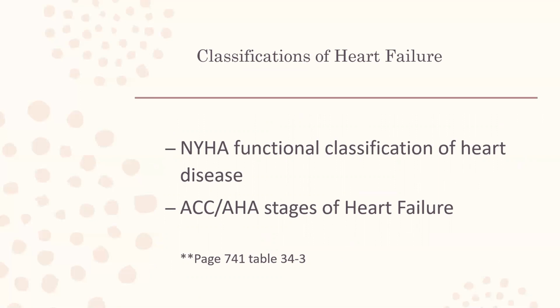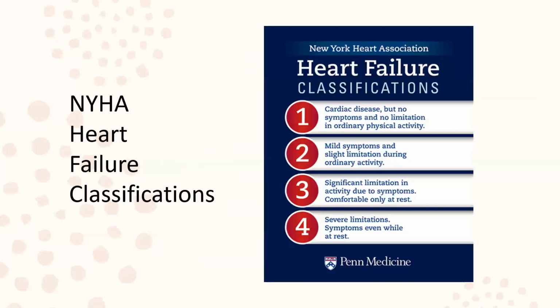So the classifications of heart failure. We have the New York Heart Association, and then we have the ACC and the AHA. So let's look at these. They can be quite daunting to look at. This is the nicest one of all of them, just because of the simplicity of it. So we have 4 stages. Number 1, cardiac disease, but there's going to be no symptoms and no limitation to everyday normal physical activity.